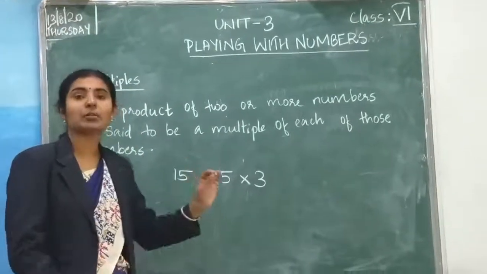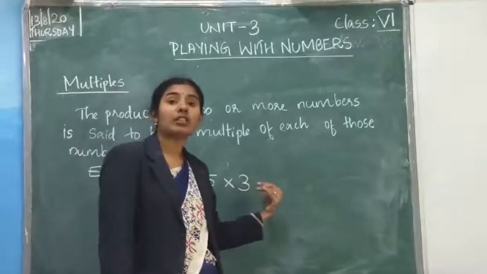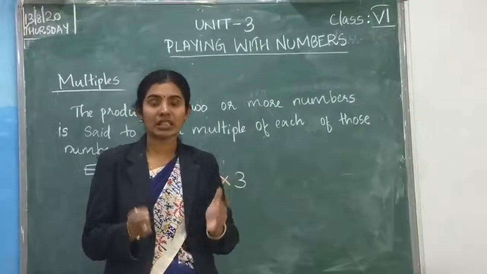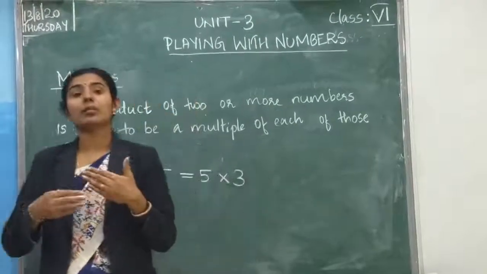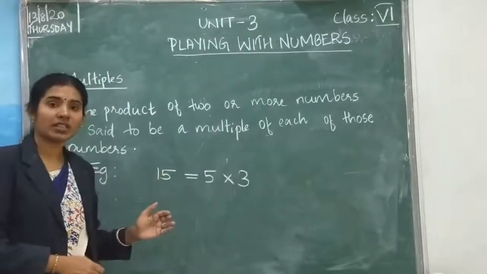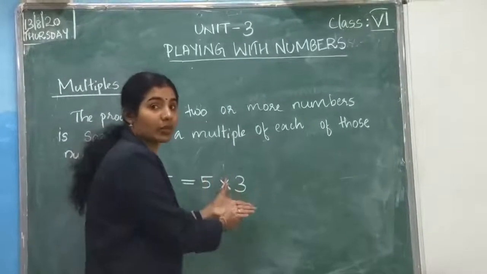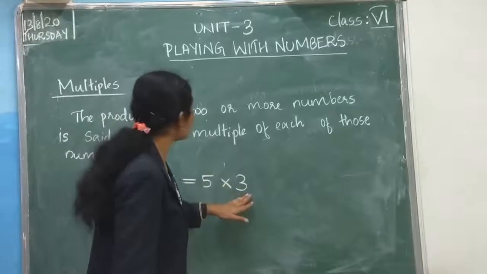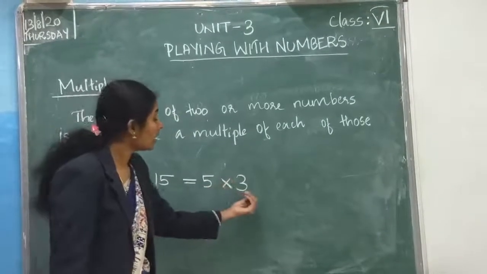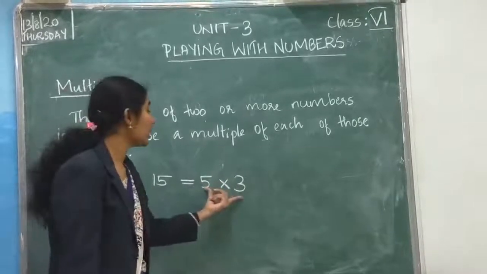When you are given one number, 3, and you multiply that number with 2 or more numbers, you will get a product. Here I am multiplying 3 by 5. What answer will you get?